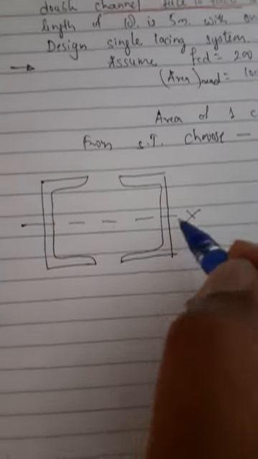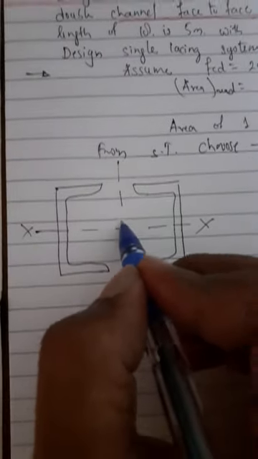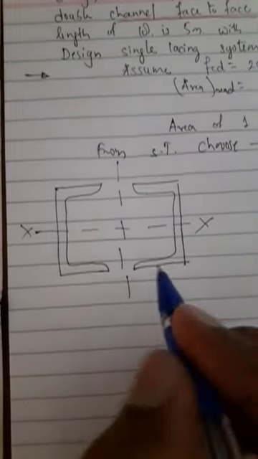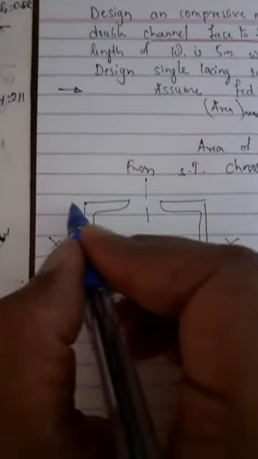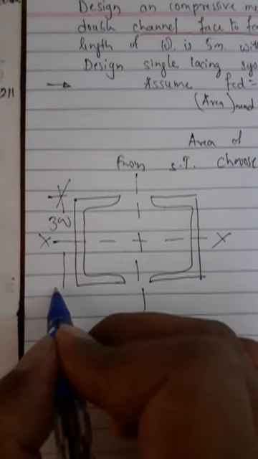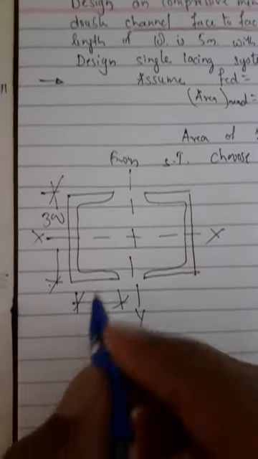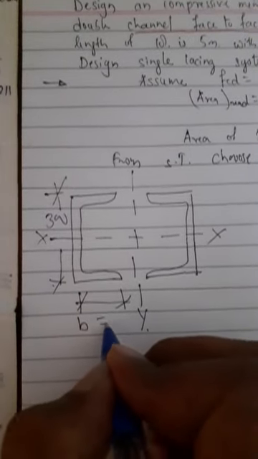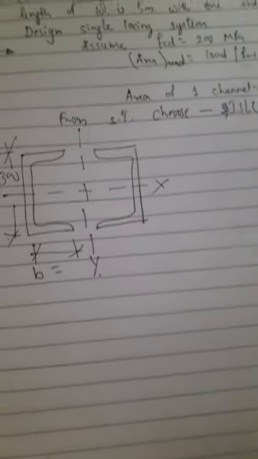Let this be XX or ZZ, both mean the same. Let this center be YY. Now from steel table get these values. For ISLC 300, this is 300 and this value is B. We will come to that later on.